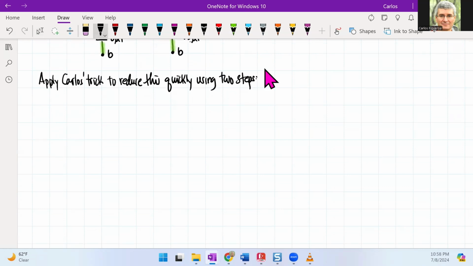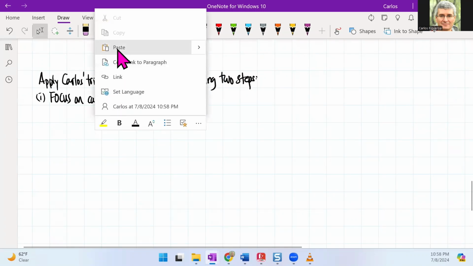The 2 steps that I'm going to look at here: the first thing is that I'm going to focus on capacitors 1 and 2. So what's 1, 2, and 3?